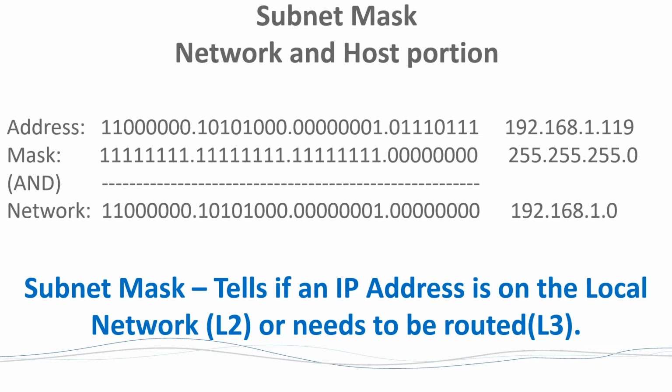No, because remember in layer 2, we had traffic going back and forth just using layer 2. I don't even need layer 3. If it's someplace else, I can't get there without layer 3, right? So your host has to determine that. So it needs to know the subnet mask, to know what's on the network and what's not on the network. Does that make sense? Any questions about that?